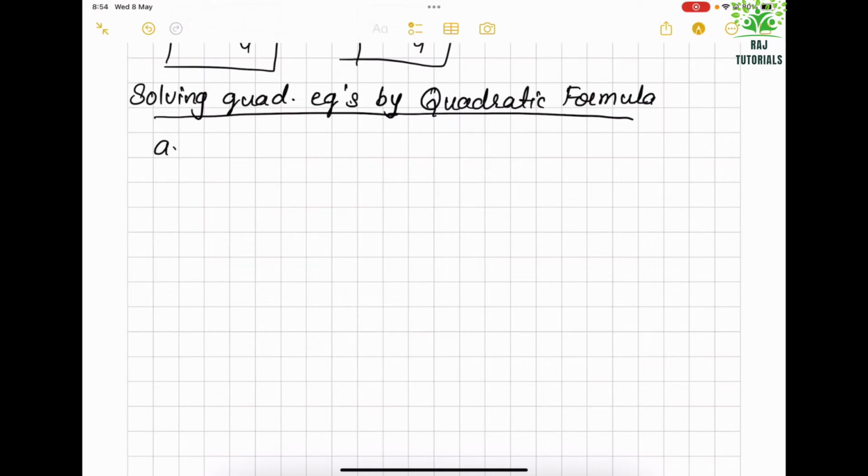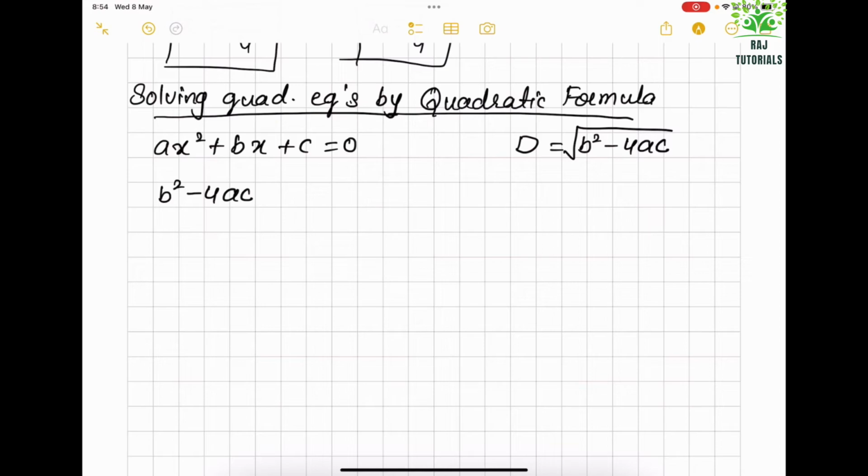See, the standard form was this: ax square plus bx plus c equal to 0. We have to remember one thing: discriminant D equal to b square minus 4ac. First I need to find D, or b square minus 4ac.